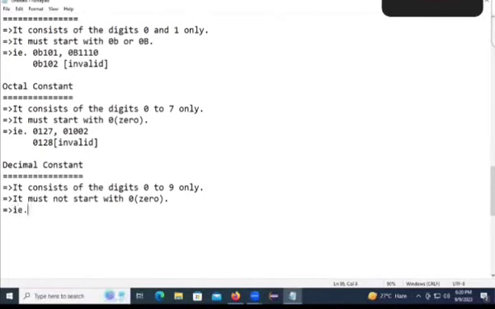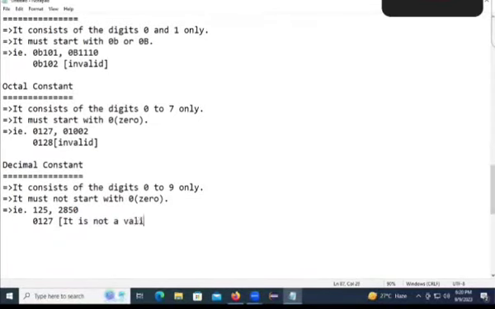Like for example 125, 2850: valid. But if you say 0127, what will happen?